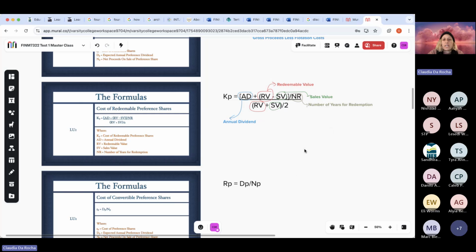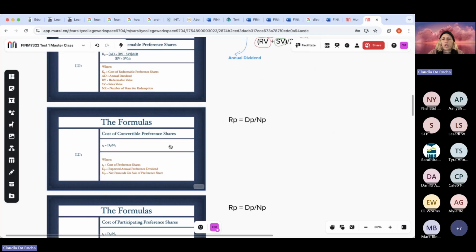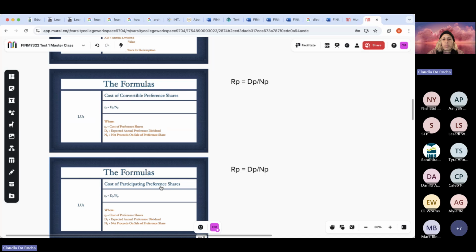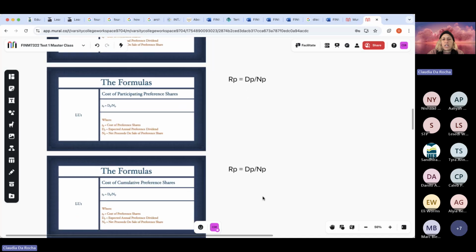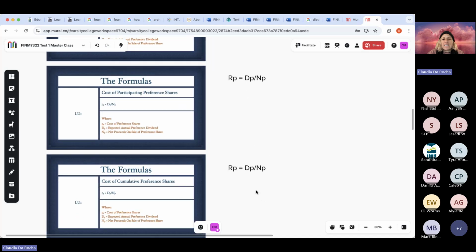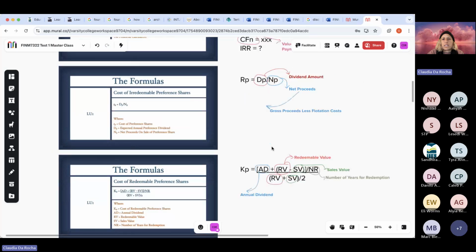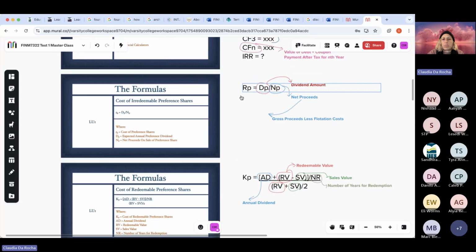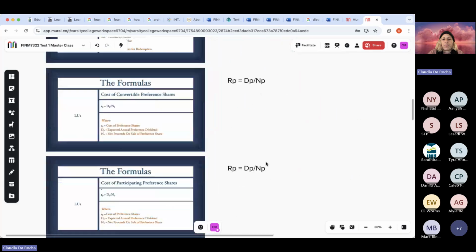Okay. Then, like I said, for your convertible preference shares, your participating preference shares, and the rest of your preference shares, the formula is exactly the same as what we did here for cost of redeemable preference shares. It's the same.